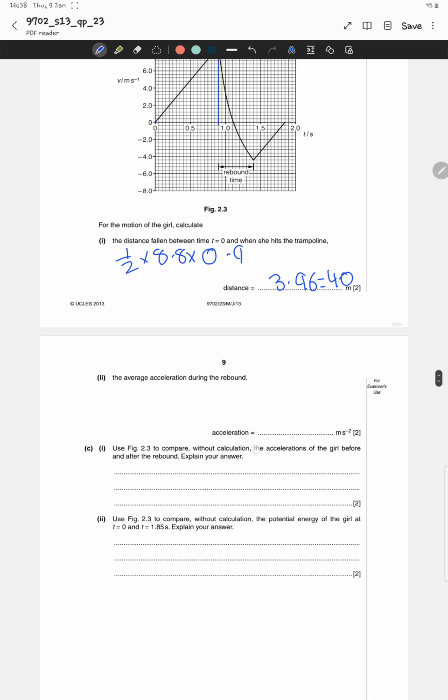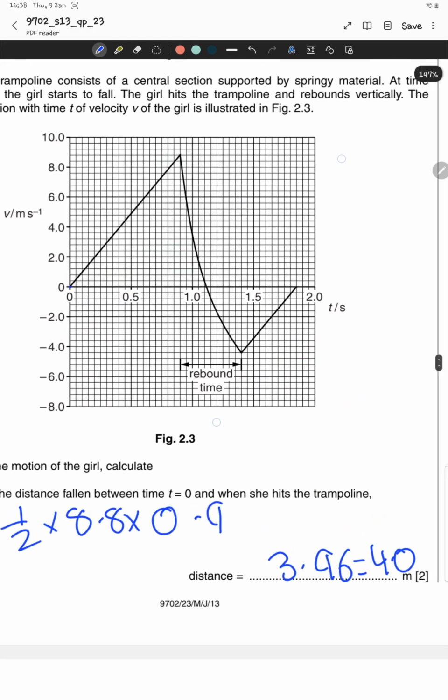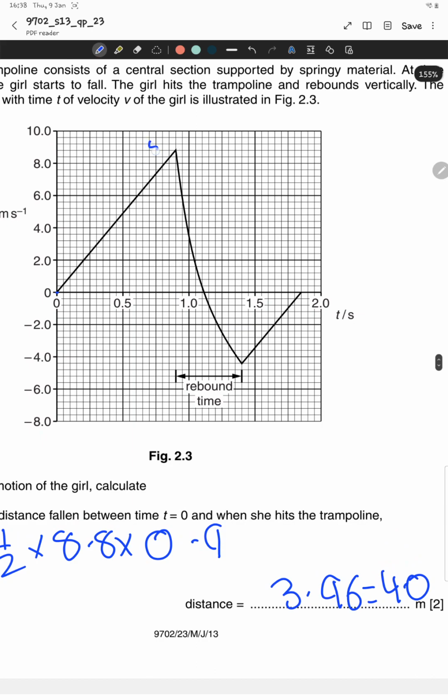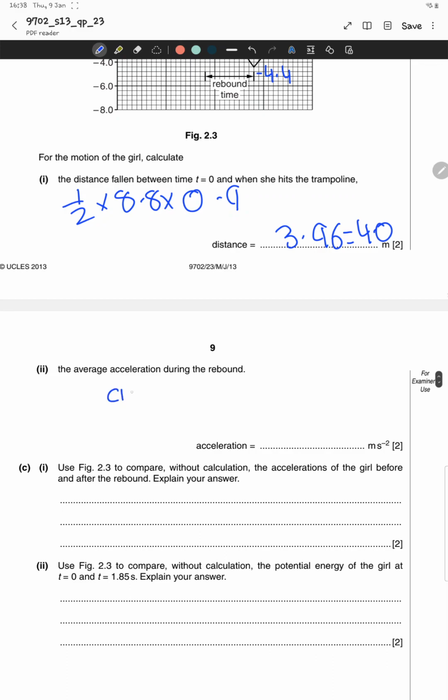The average acceleration during the rebound, okay. It goes from 8.8 at the top here to like minus 4.4 at the bottom. And this is 1.4 seconds, and it started at 0.9. So total time 0.5. So acceleration equals v minus u over t.